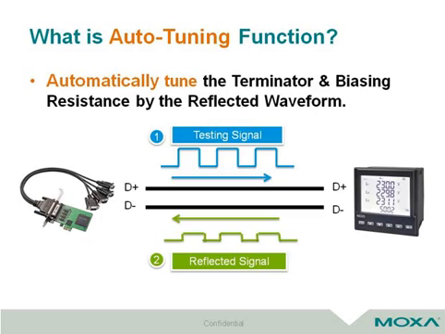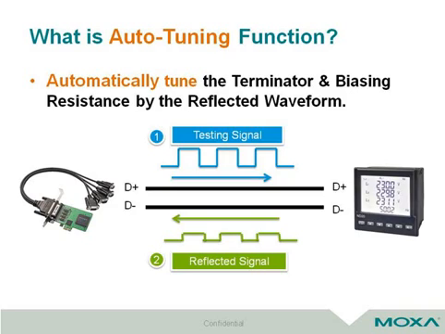After introducing when to use the new functions, I believe you are eager to learn how it works and how to use it. For the auto-tuning function, we can use it to automatically tune the terminator and BIOS resistance by the reflected signal. Look at the schematic diagram.